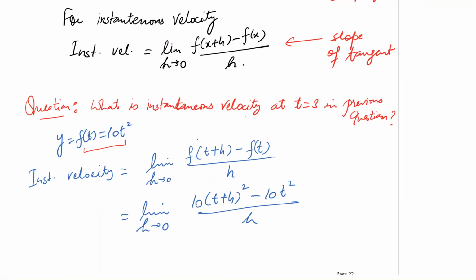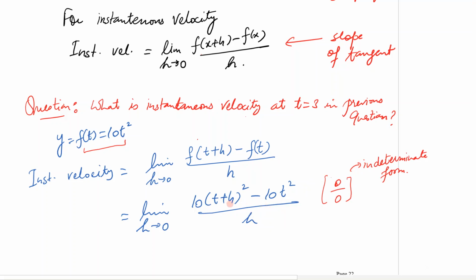If we try to solve this limit, the first step is we try to put the value of h. So when we put h as 0 here, we get 10t squared minus 10t squared, 0 on the top, and also h is 0, so 0 on the bottom. So we got an indeterminate form. It means we need to do some algebraic manipulation to solve this limit.